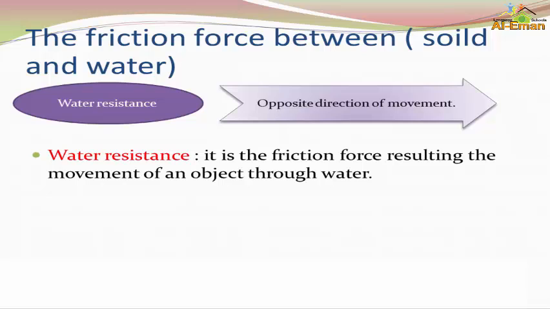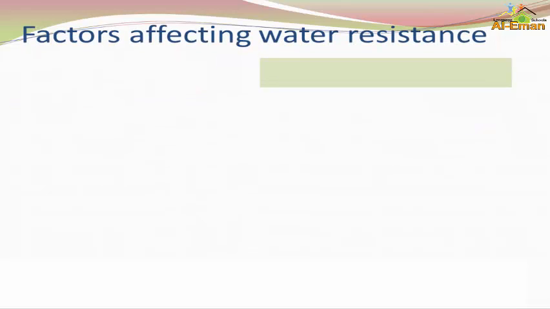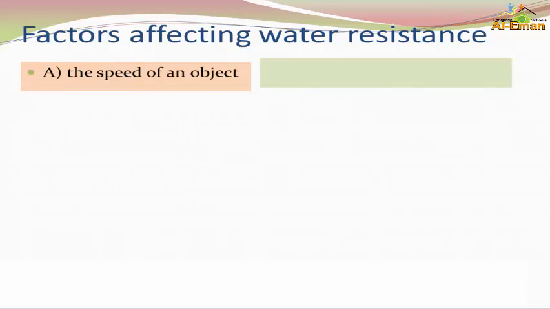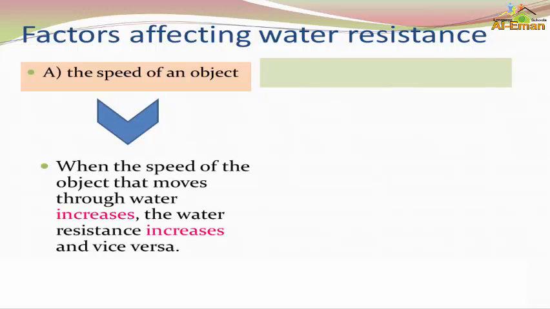Water resistance is the friction force resulting from the movement of an object through water. Okay? Let's see together the factors that affect water resistance. Number A. The speed of an object.